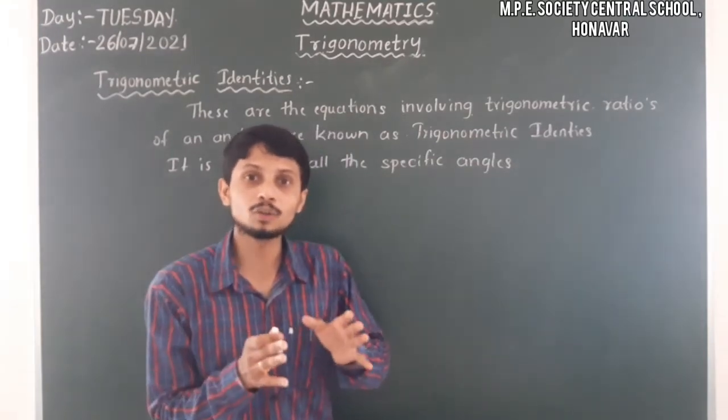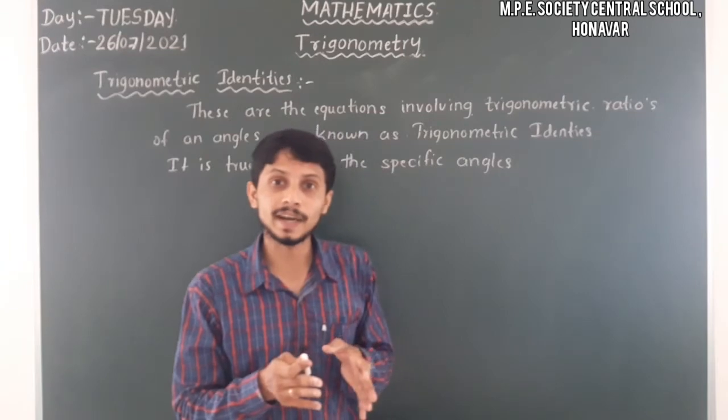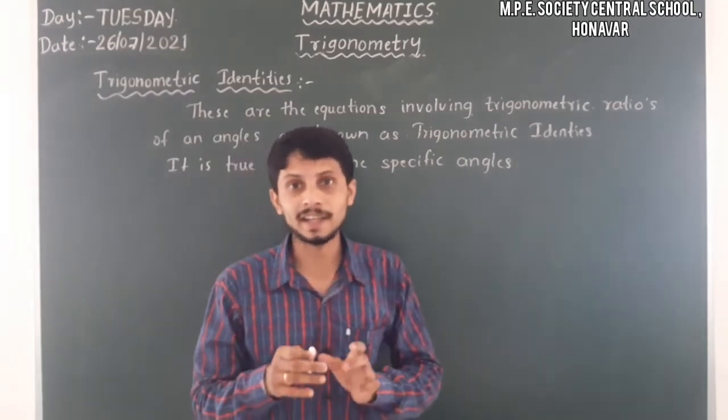Firstly we have to find out the trigonometric identities. For finding trigonometric identities, we want a right angle triangle.